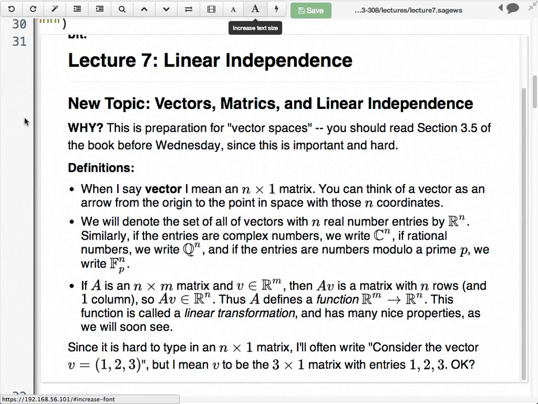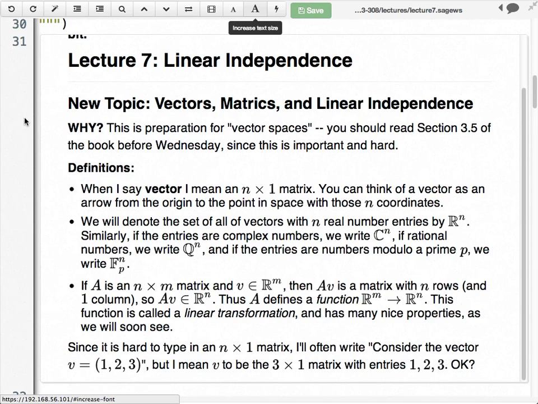That's nice because then vectors are just a special case of matrices. So a vector is an n by 1 matrix. Here's an example, 1, 2, 3, 4. So this is a 4 by 1 matrix. It has 4 rows and 1 column. So when I say vector, typically I will mean simply a matrix with 1 column.